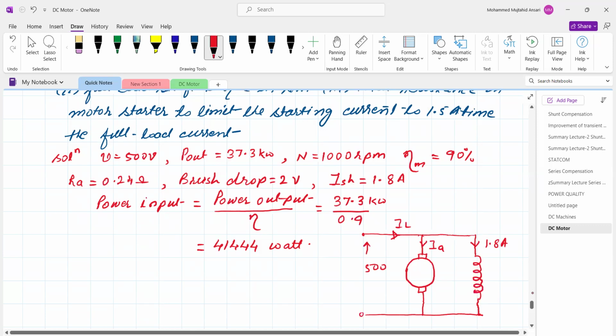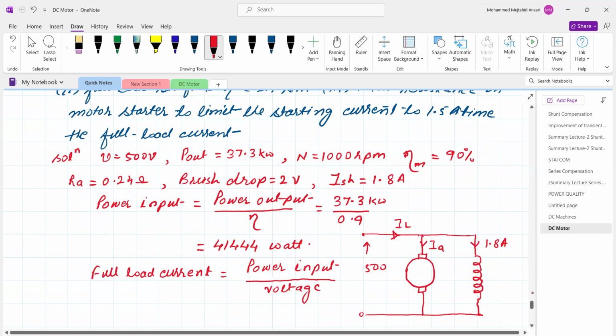Therefore, the full load current equals power input divided by supply voltage. So power is equal to voltage multiplied by the current.